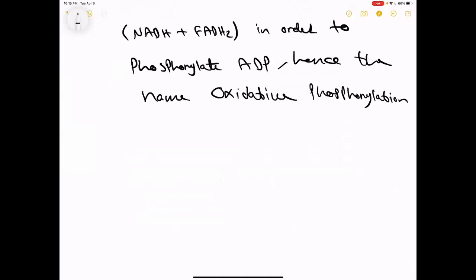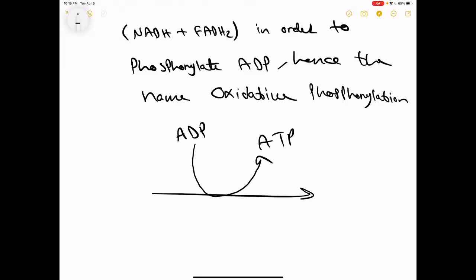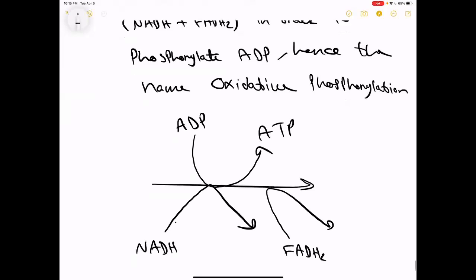And still one more time, I said in that reaction, for us to be able to phosphorylate adenosine diphosphate, you need to do this. You need to grab NADH and FADH2.